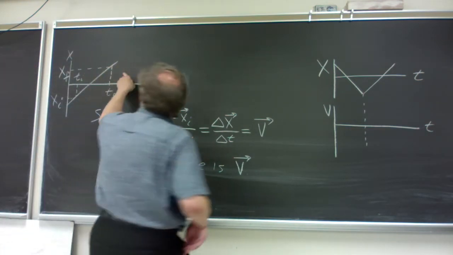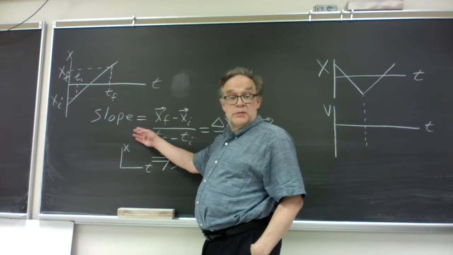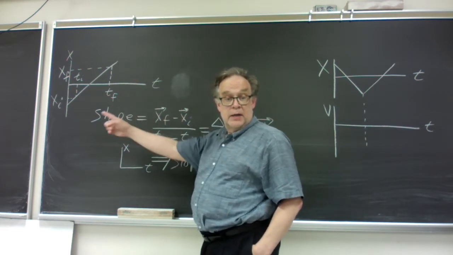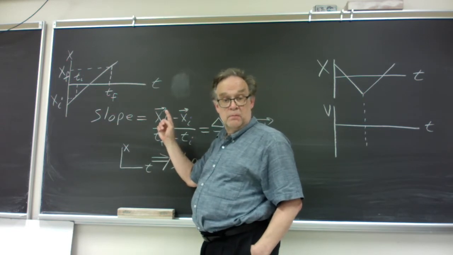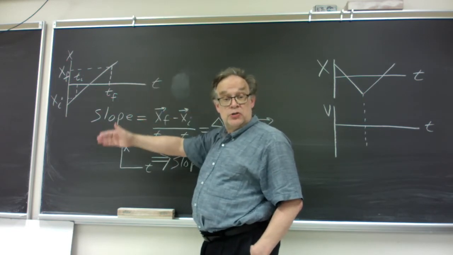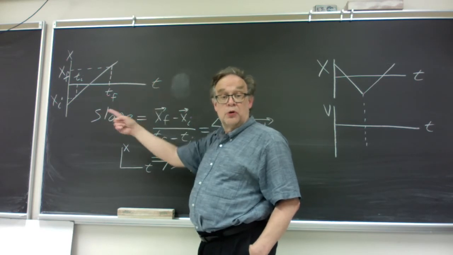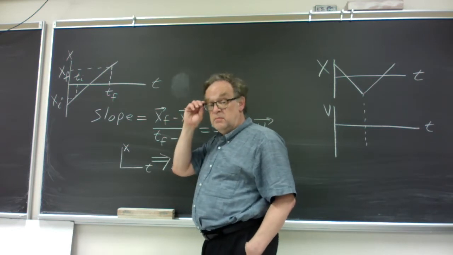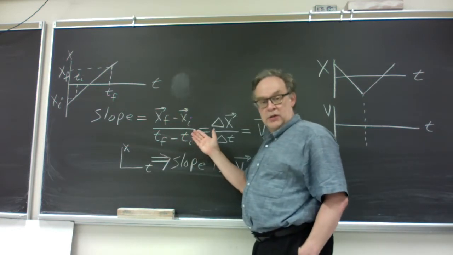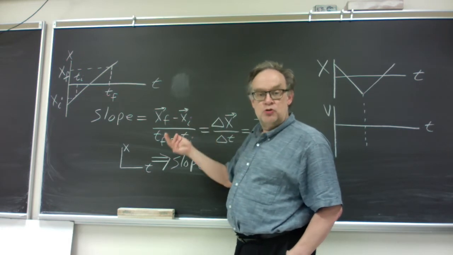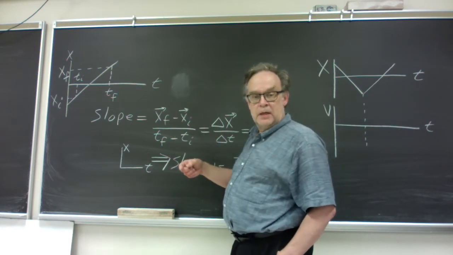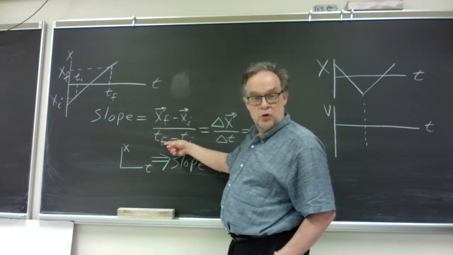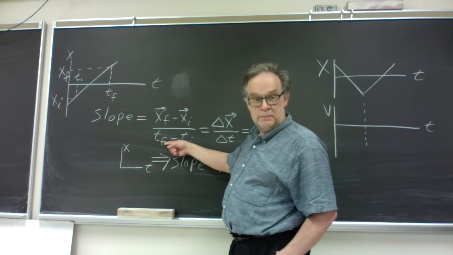Here's the graph, and slope, of course, is the change in the vertical variable divided by the change in the horizontal variable. How much change in the vertical variable do you get per 1 unit of change in the horizontal variable? Remember that you calculate slope just by picking 2 points on the line, and then you look at the vertical coordinate and the horizontal coordinate of each point.